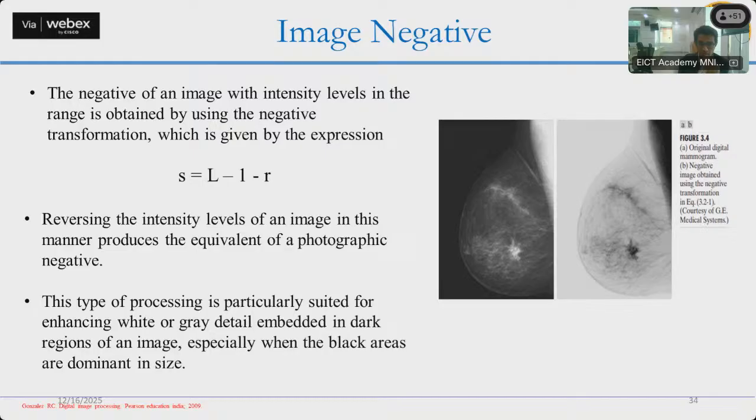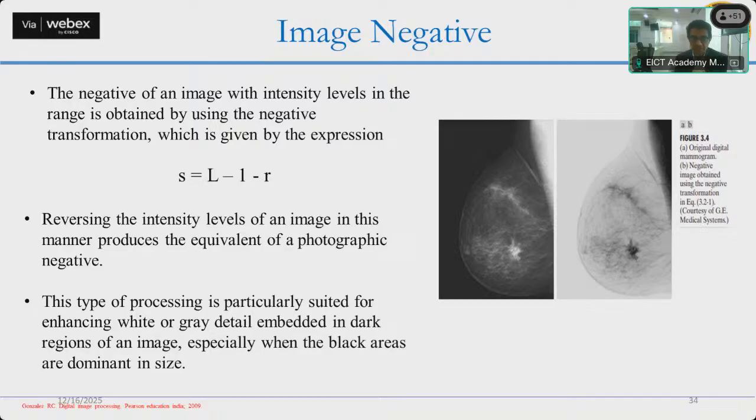And if you notice one thing in L - 1 - r, the lesser the value of r, the more the value of s will be. That's why we also call it the image negative. It means that if some part was originally dark, it will become lighter, and the part which is lighter will become darker.